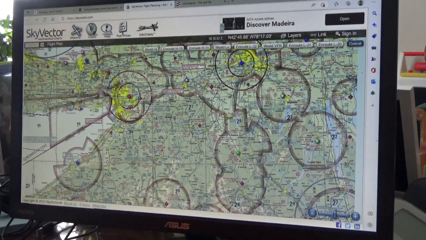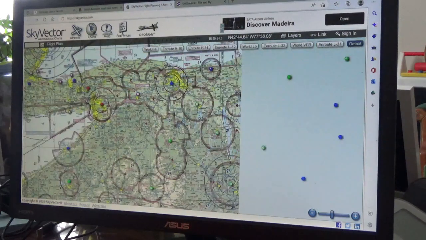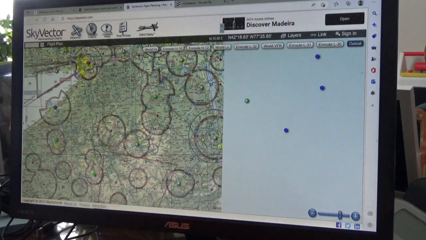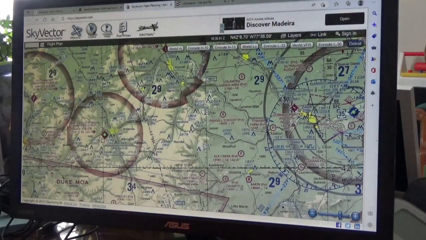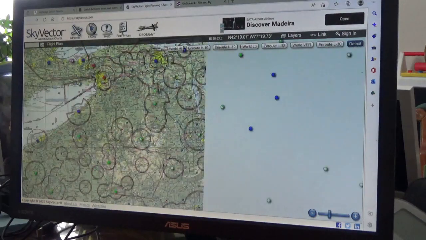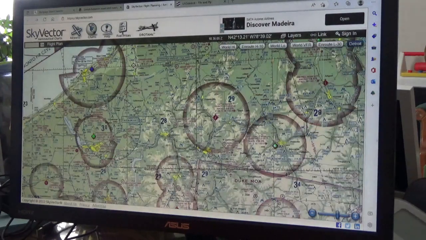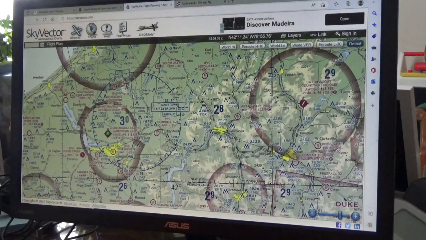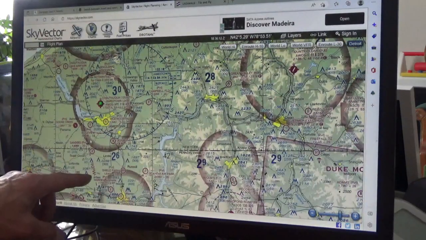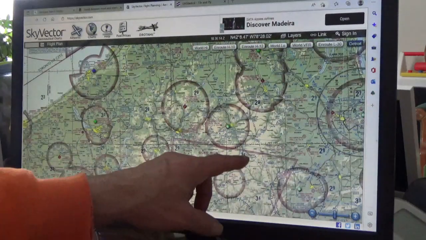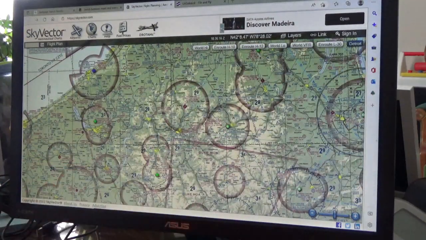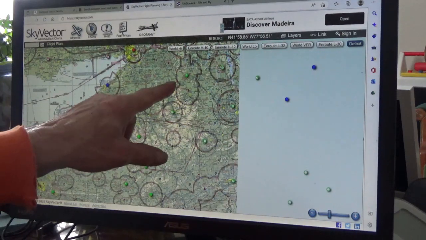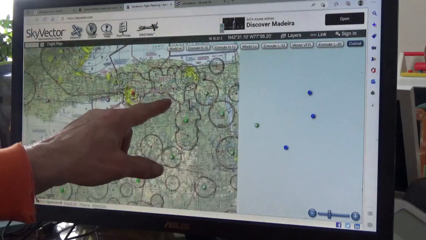I think this is magnetic variation lines, if we can get out far enough to see what it says. 11 degrees west, and this is 10 degrees west, 11 degrees west, and we're about in the middle from this line to this line, right?